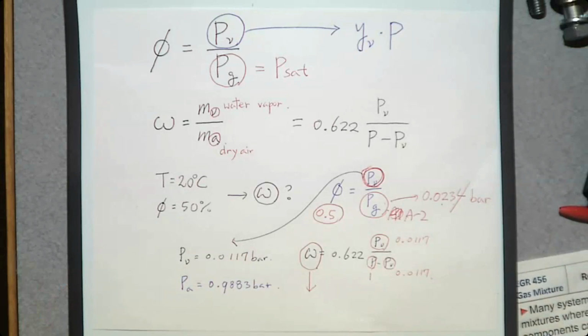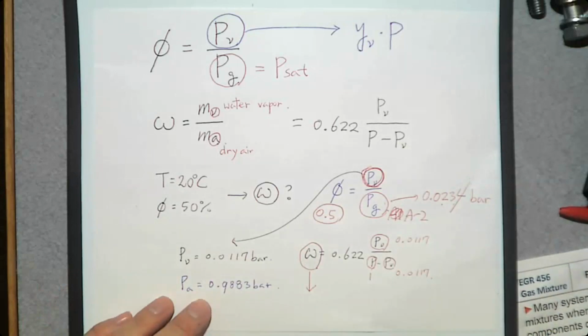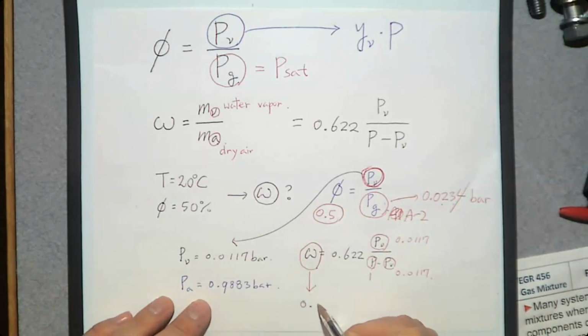Oh, by the way, if you do the calculation, the humidity ratio is 0.0117 divided by 1 minus 0.0117 and multiply by 0.622, we get 0.00736.